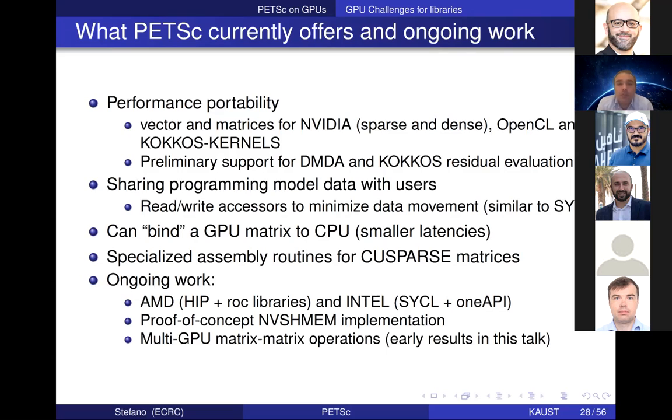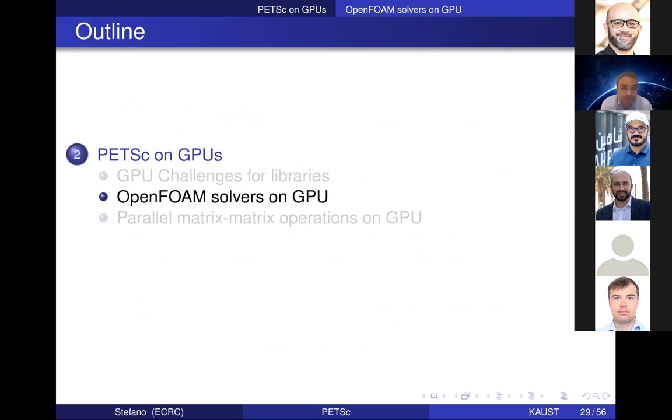And we also already provide specialized assembly routines for assembling matrices on the GPU. And ongoing work, as I said, Kokkos and SYCL, and also a proof of concept for using SGEMM to actually be GPU aware even from MPI.